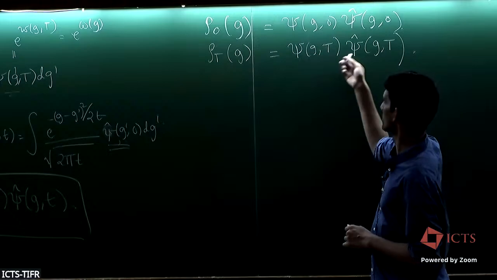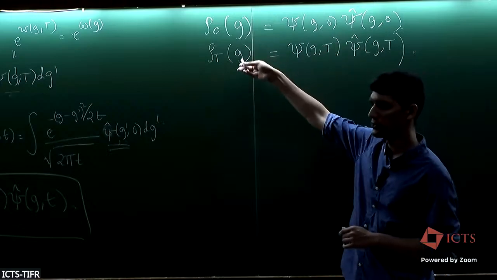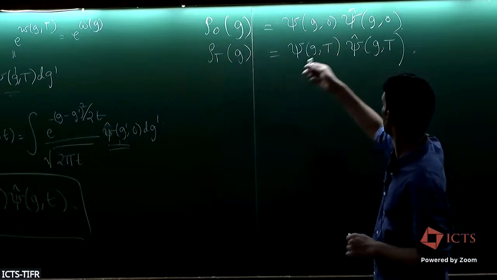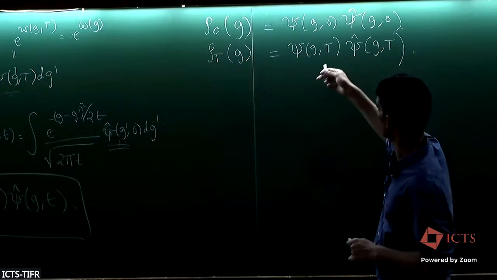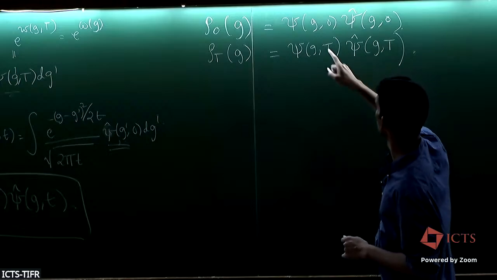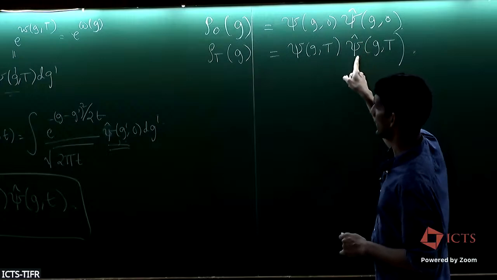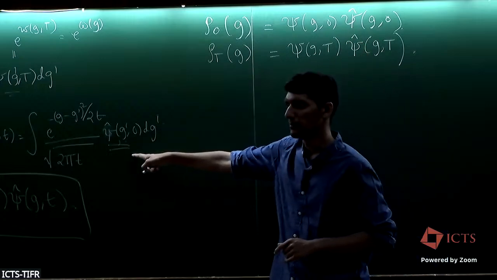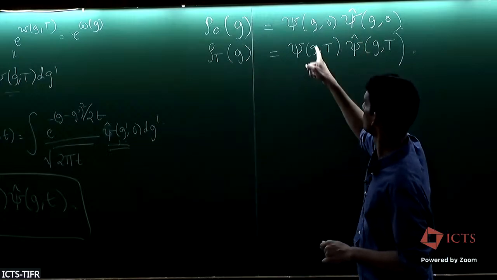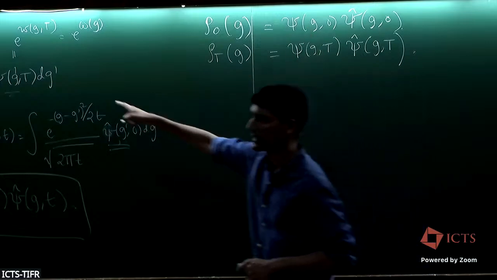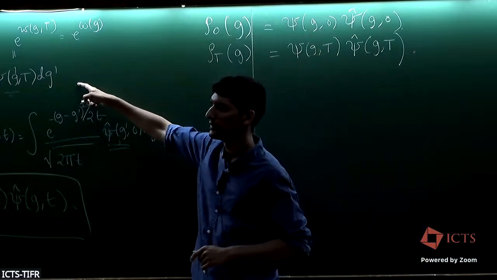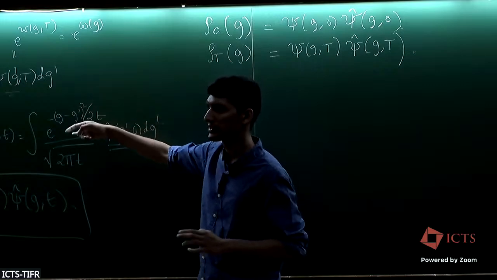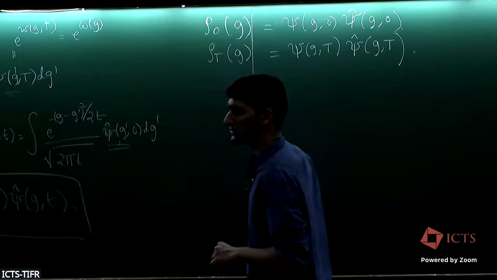It looks like you have 4 quantities and two equations. But actually, you only have 2 independent quantities that you need to solve, because once you know this, you can get this using this equation. And once you know this, you can get this using the backward equation. So in fact, it's a closed set of equations that you can solve.